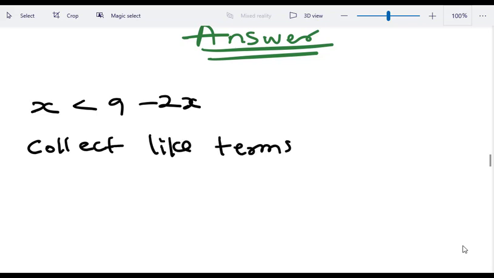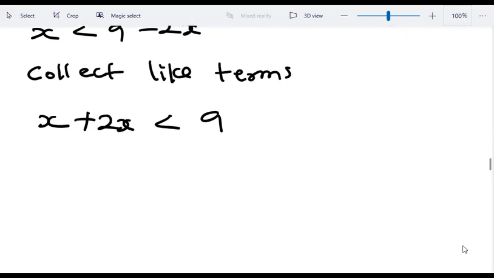So when you collect like terms here, we have x minus 2x must cross this less than sign to go and meet this guy. If it does that, the minus sign turns to what? Plus. We have 2x. Then we have our less than. We have 9. 9 is all alone because there is no other constant apart from 9.